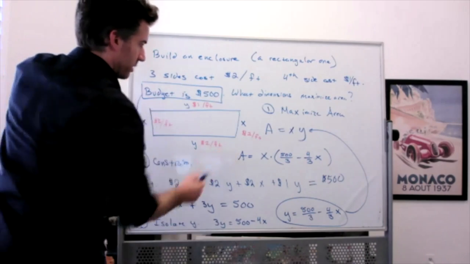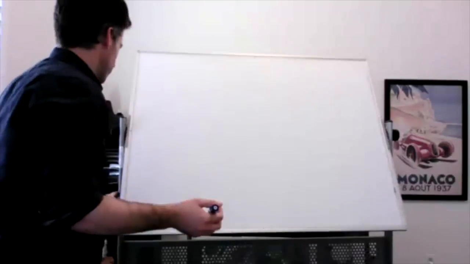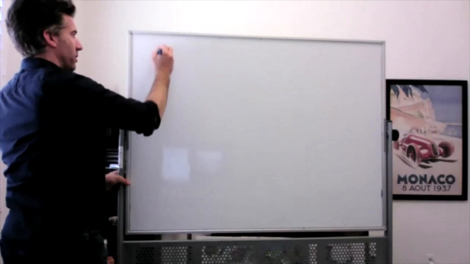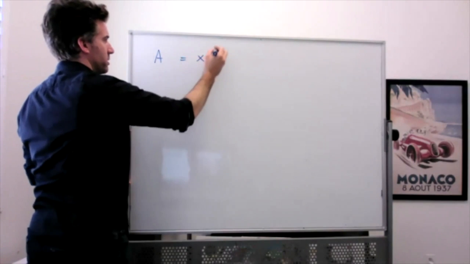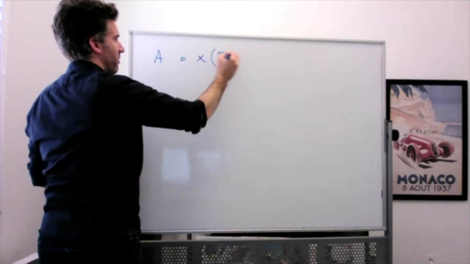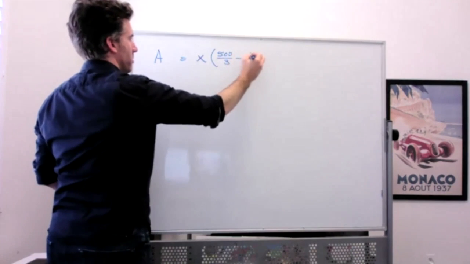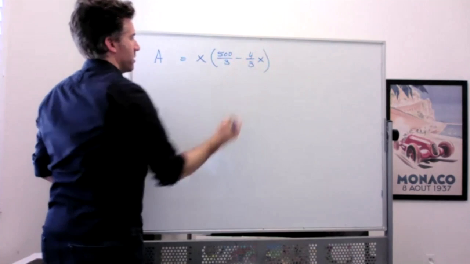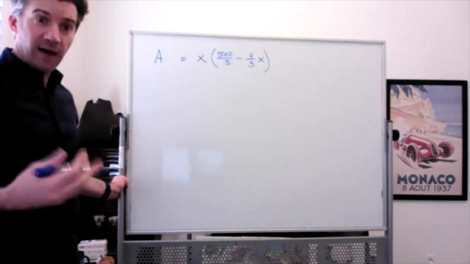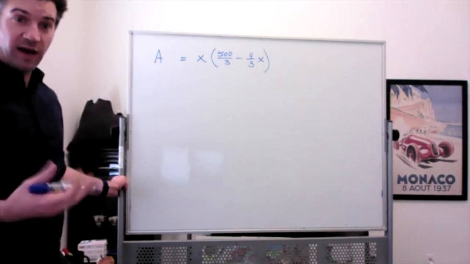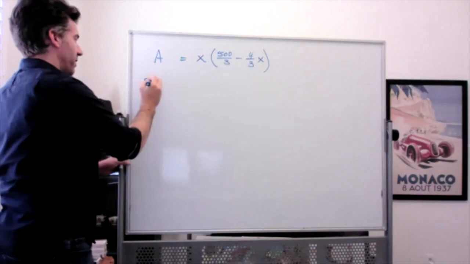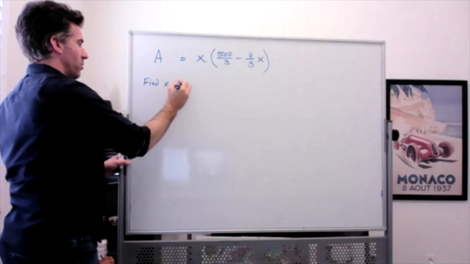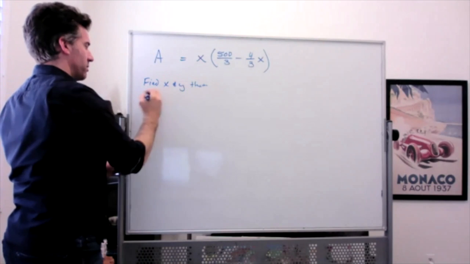So we have that the area is equal to x times 500 thirds minus 4 thirds x. And we're trying to find the dimensions, that is the values of x and y, that maximize the area.